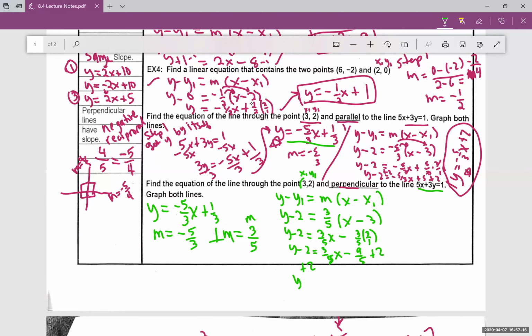Not making this one easy on us. y equals 3/5 x minus 9/5.